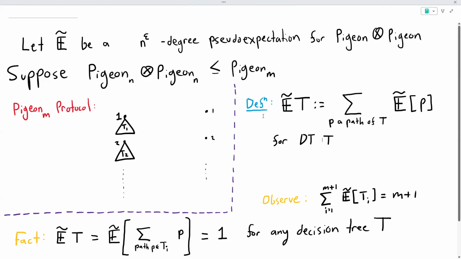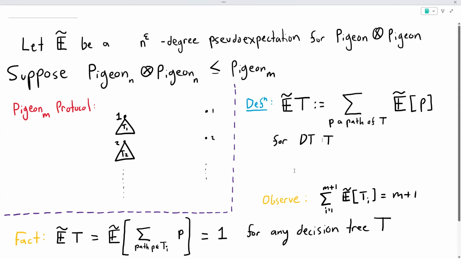And so let me make a notational definition here on the right in blue, where the pseudo-expectation operator on a decision tree is equivalent to the sum over every path P in a decision tree, or root-to-leaf path, which we can think of as a conjunction by multiplying all the variables on that path, evaluating to 1, and taking the pseudo-expectation operator on that conjunction.